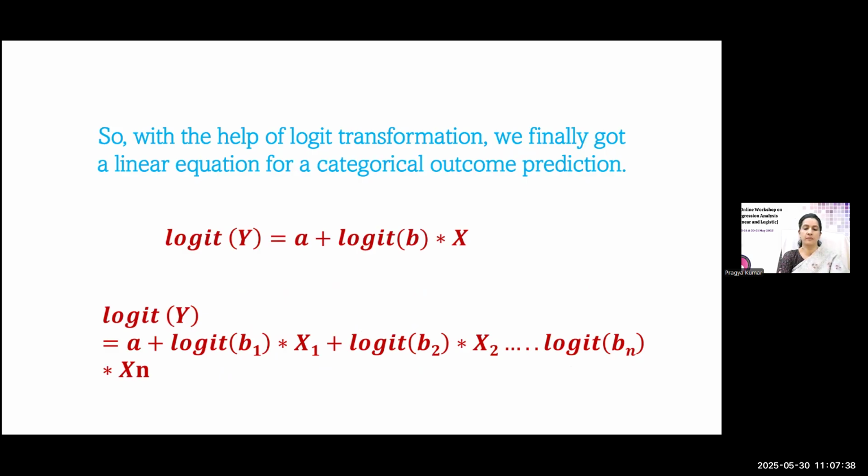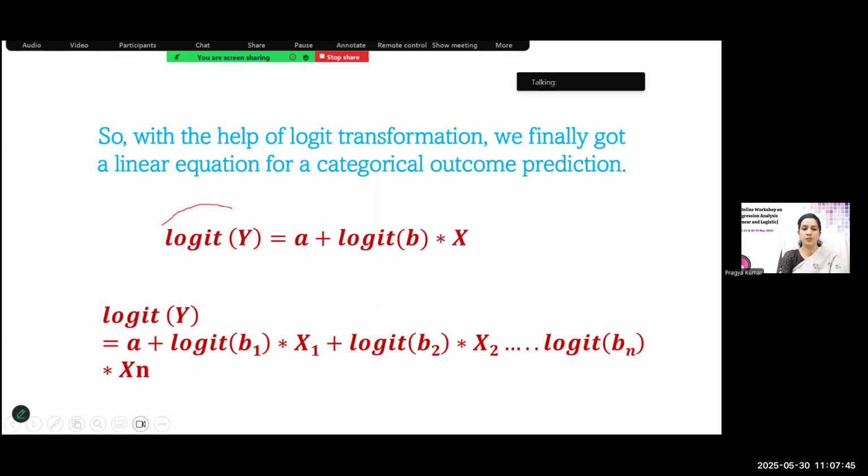So here the dependent variable is the logit. This is the logit of your y, whatever dependent variable you take, and this is the logit of your independent variable, the beta coefficient. I will show you how it gets converted.